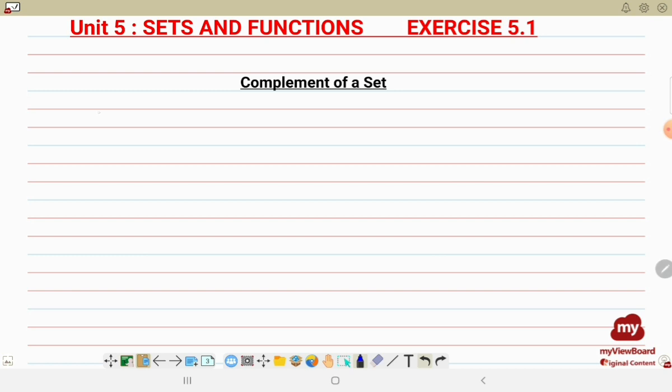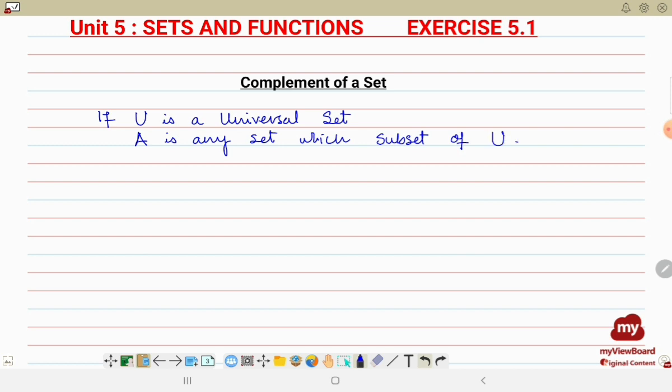If U is a universal set, and A is any set which is a subset of U. By subset of U means all the elements of A belong to U, right?